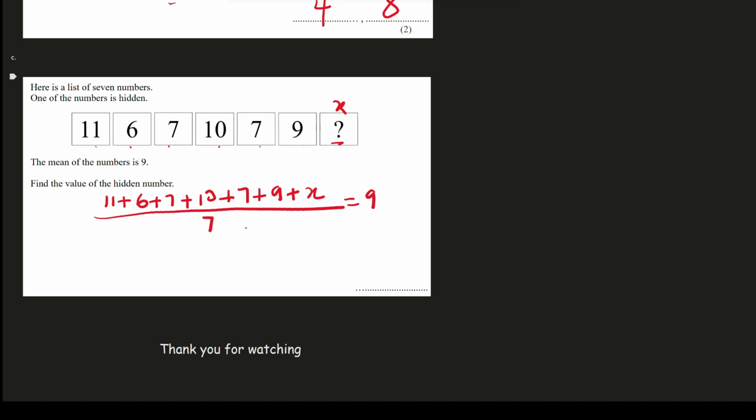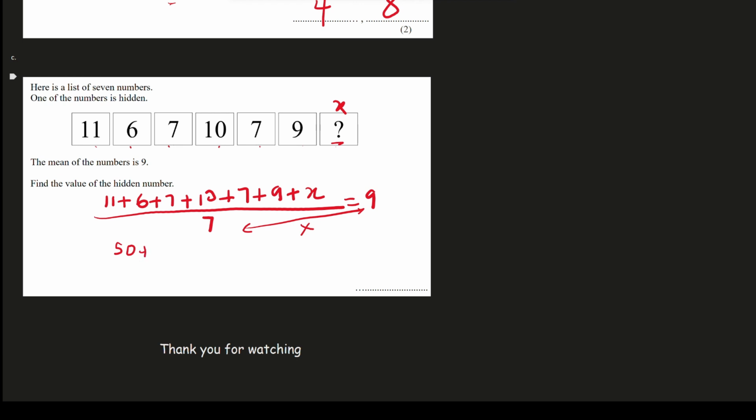Good. So we have to multiply this and this. So first of all, add everything at the top. Upon adding everything at the top, that gives me 50.